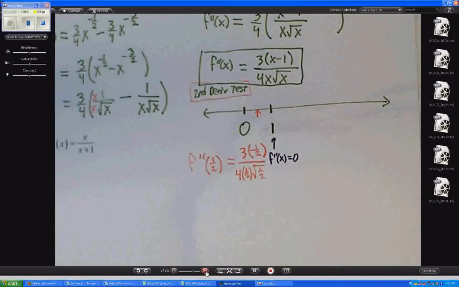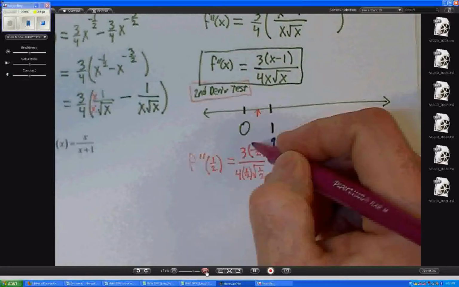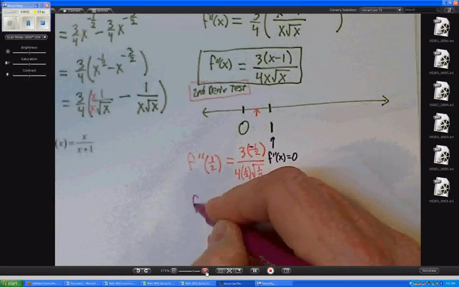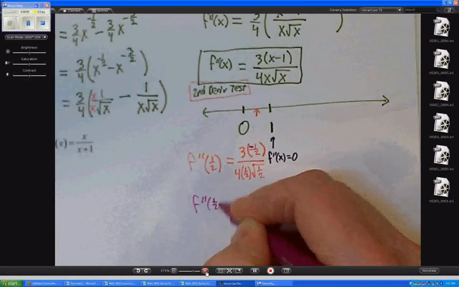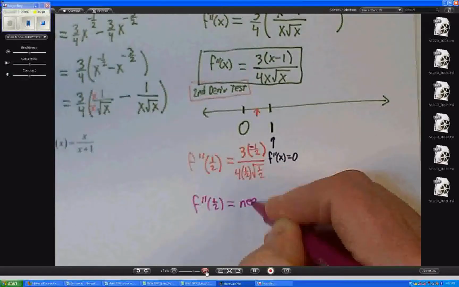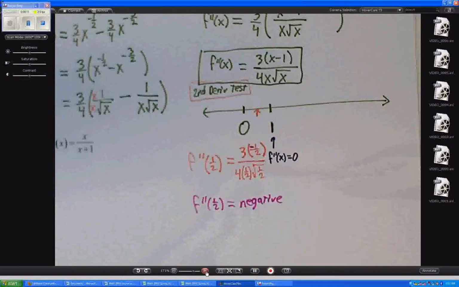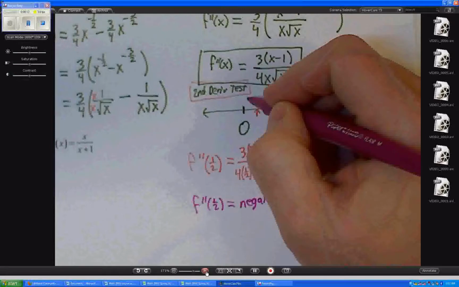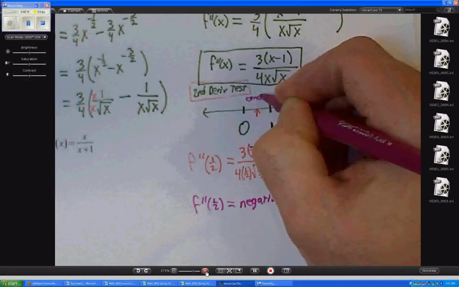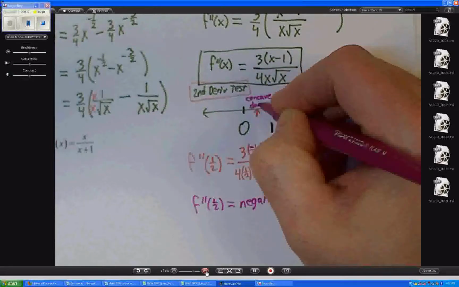And again, guys, I don't really care what it equals. All I care about is the sign, and what would you say? F double prime of 1/2 is negative. So what does that tell me about the function there? Concave, what? Down. Concave down.